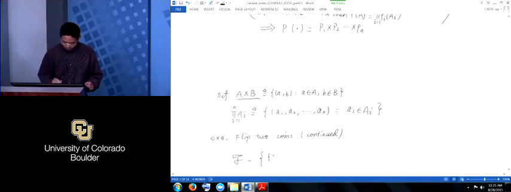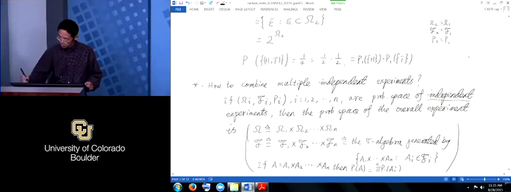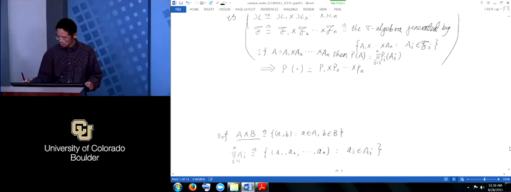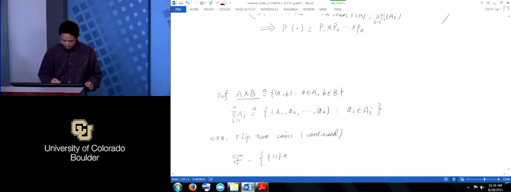Okay. So let's first just use some example. Head is a part of my F1, right? And T is also part of my F2.